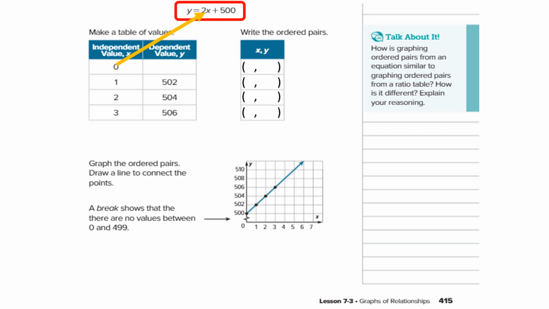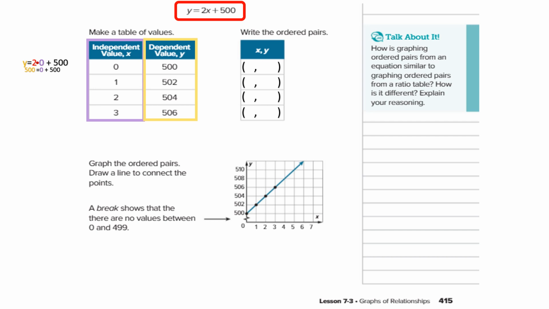And 2 times 0 is 0, so plus 500. That just means that y is equal to 500 when I get my dependent variable for y. So if my x is 0, plugging it in there for my independent variable, I do the math and find that y is simply equal to 500.